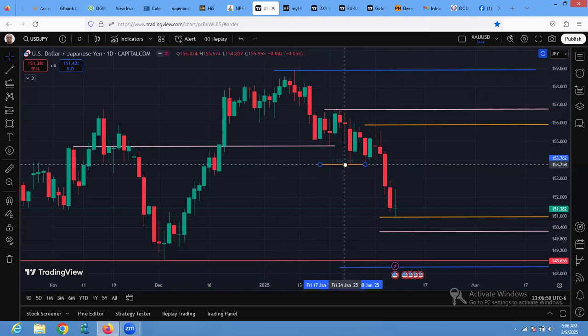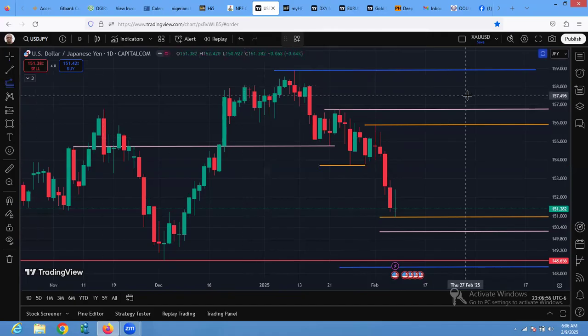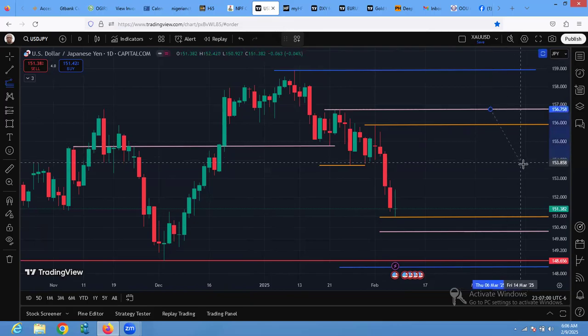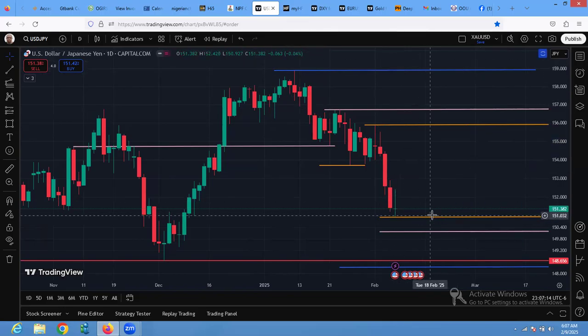Even at that, if it's part of C wave, which is possible, it's right on the dot. The price should not break here. That's 1618. So whatever it is, price should not take this low. A break below here tells you price is actually bearish.